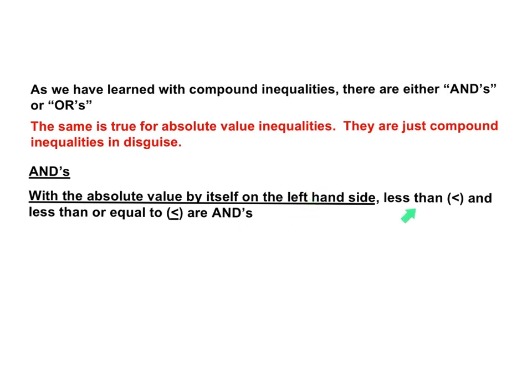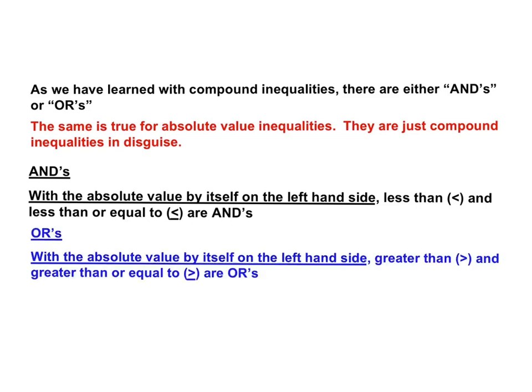And bottom line is, once it's on the left side, less than or equal to are ands. Somebody along the way taught me less than, so that's how you kind of remember. Because the other one is greater, or. I'll show you that one. Here you go. Absolute value again by itself on the left-hand side.